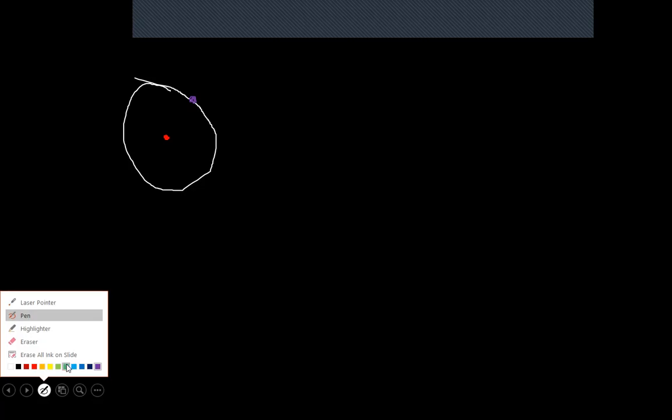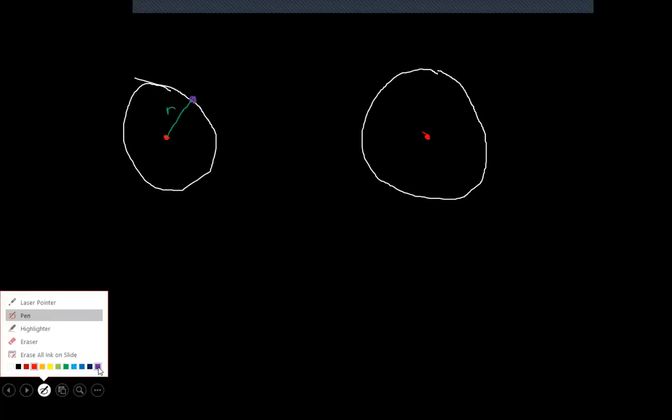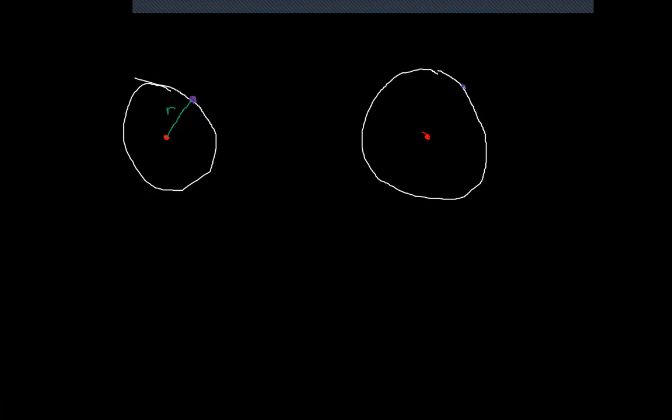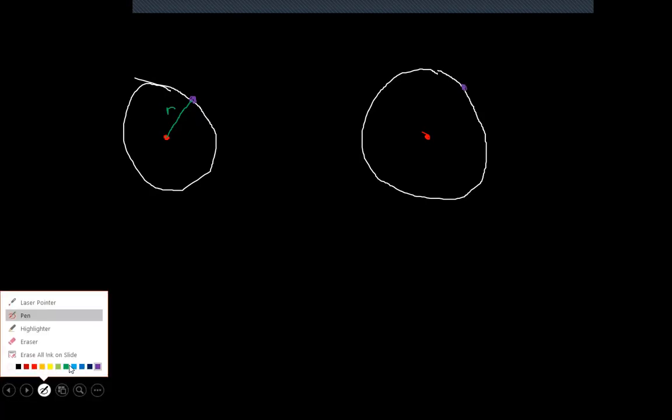This green line is my radius. And what we just learned about was the normal. And this is what it looked like. Center, still the red dot. Given point, still the purple dot. But now I'll put the normal in blue.